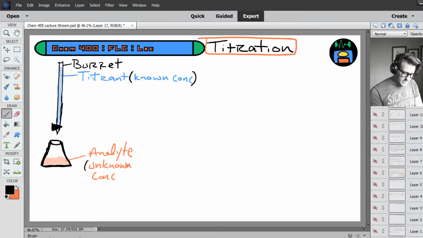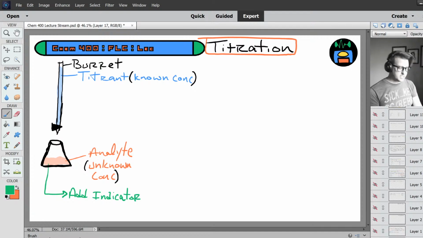And typically, in addition to your analyte, you add what's known as an indicator. And an indicator is a substance that will change colors based on pH.